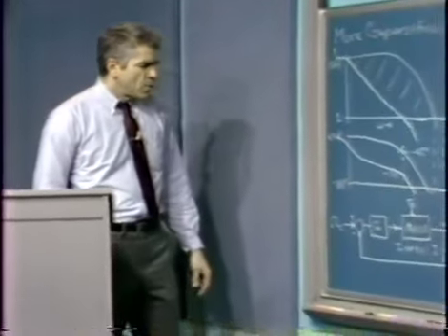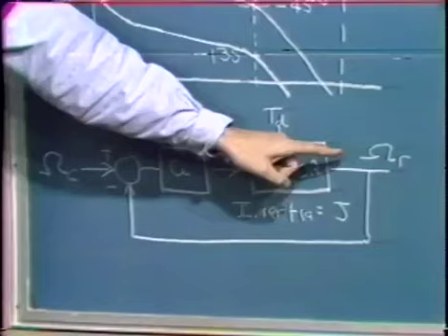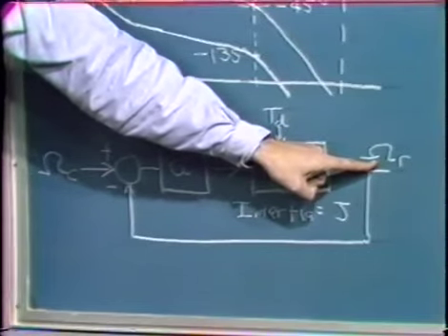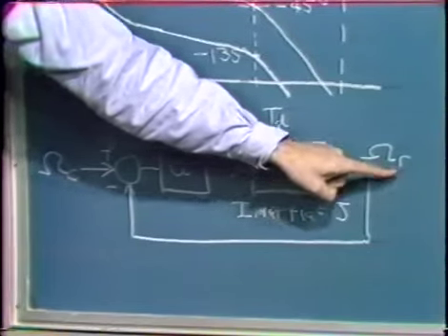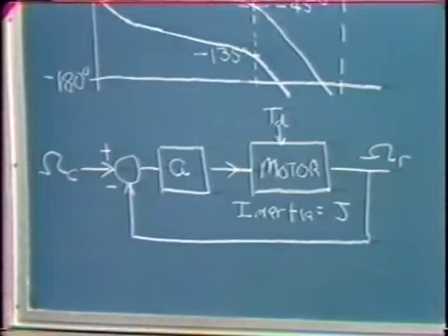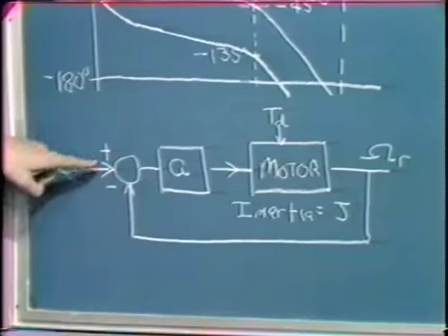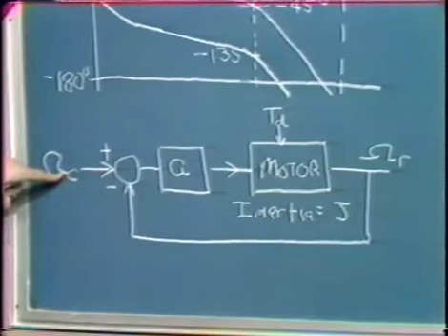What I'd like to talk about here as an alternative is a speed control system. So let's look at that a little bit. Here we have a system where we assume that what we're trying to do is keep an output velocity, which I indicate as omega response, fixed. We might command some speed, but we assume that this command is really a fixed quantity, or at most incredibly slowly time varying.